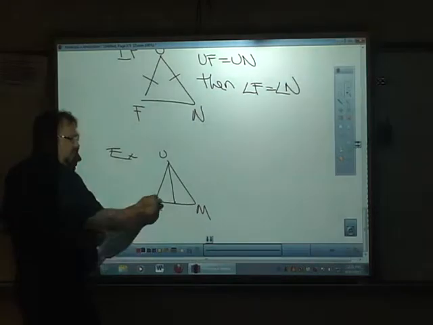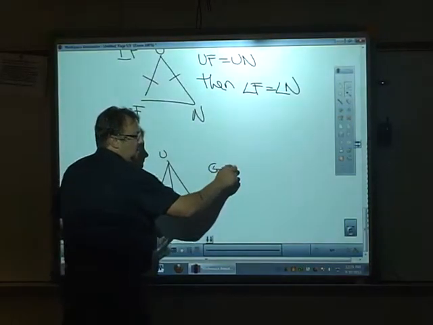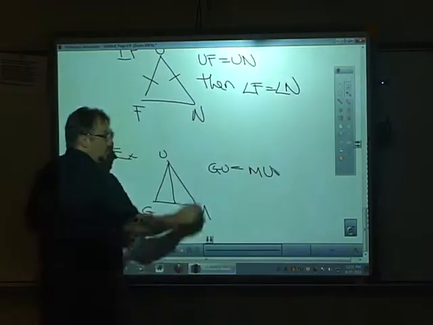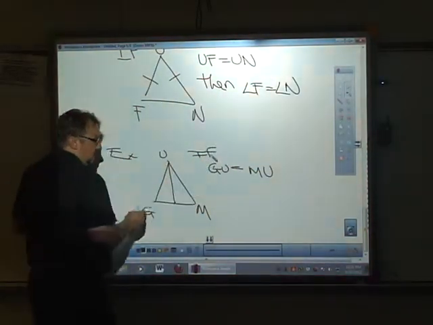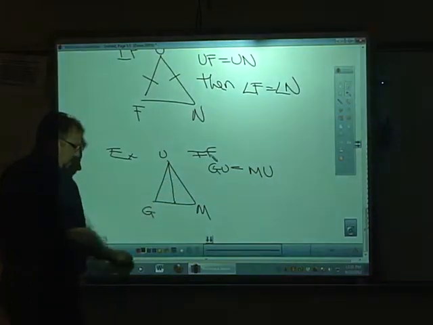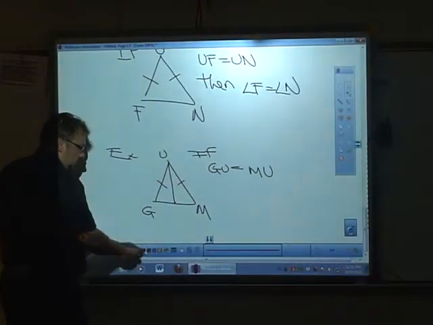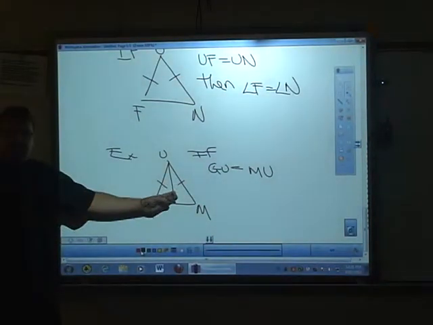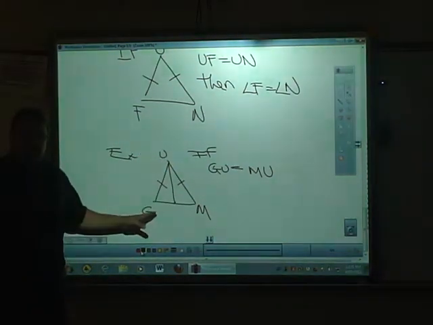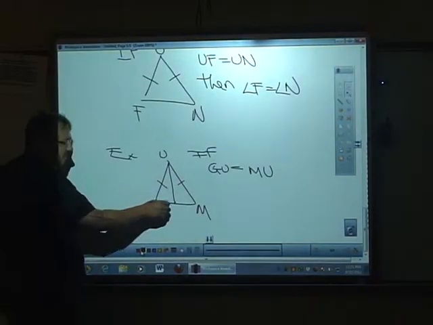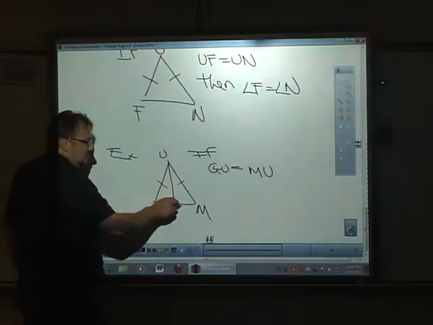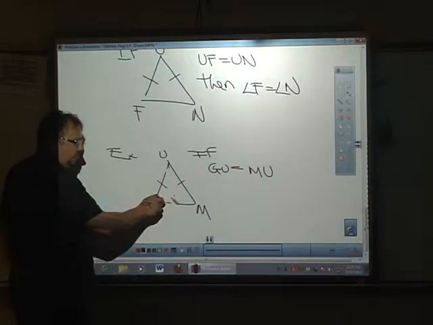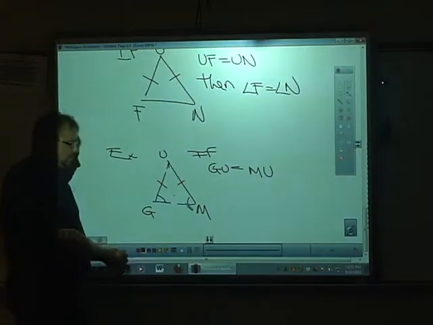If I were to say, again, let's say GU is equal to MU, if this side is equal to this side, even though this forms two smaller triangles, there's still a bigger triangle here. So we could still look at it as if this didn't exist in the middle, and it would still imply that these two angles would be the same.